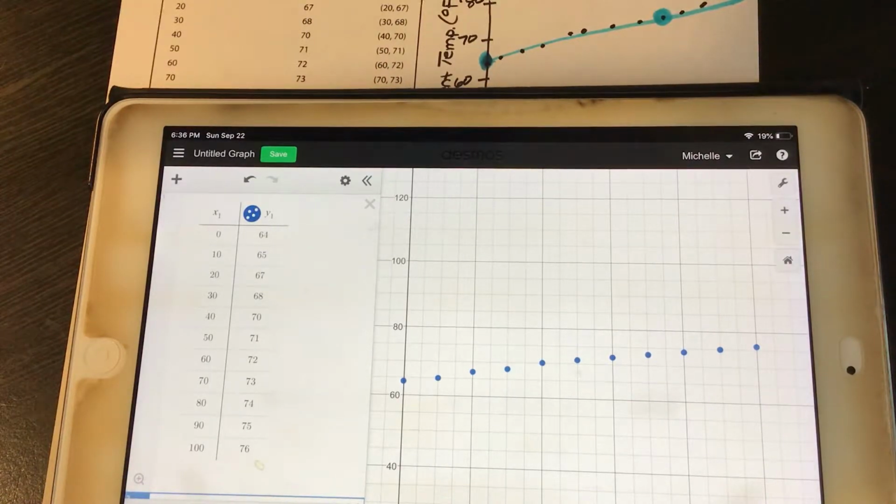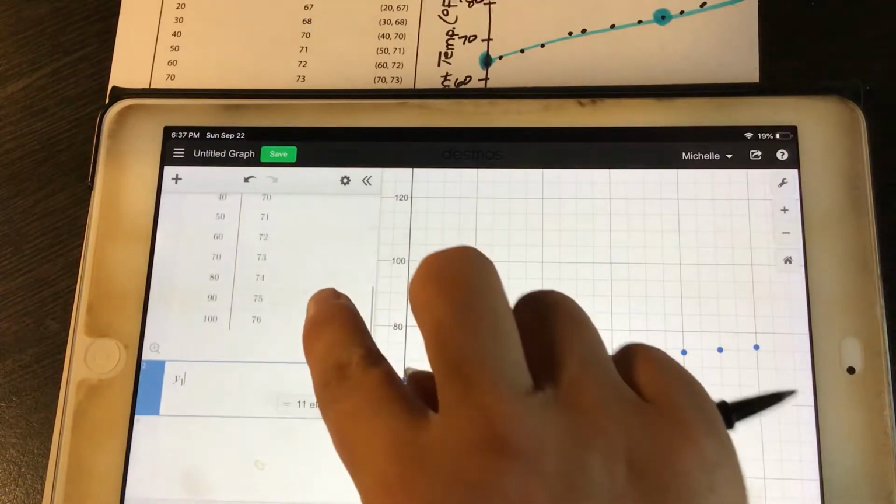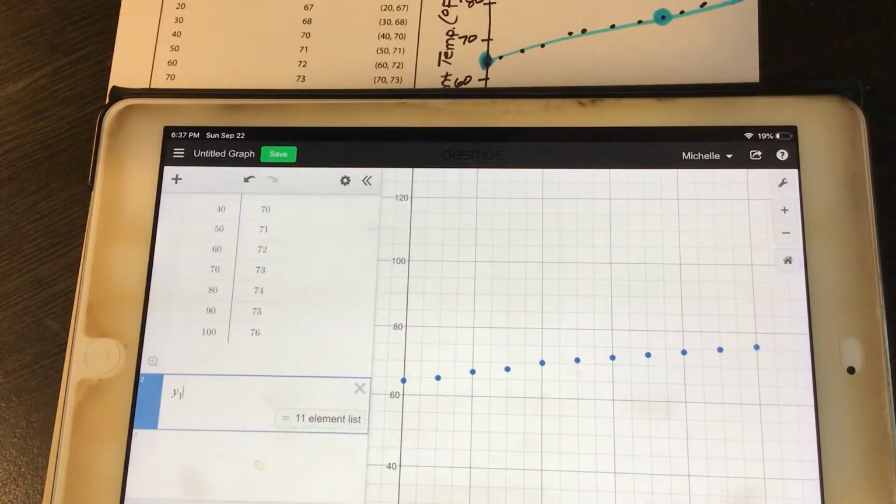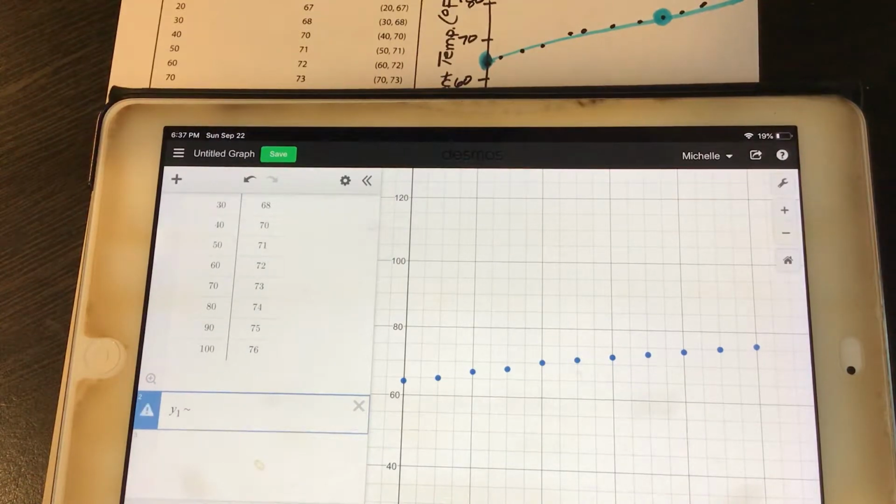So I want Desmos to look at y1. And then I'm going to use this little squiggly line. It looks almost like a dash, but it's a little squiggly line. And then I'm going to have m for slope times x1 plus b.